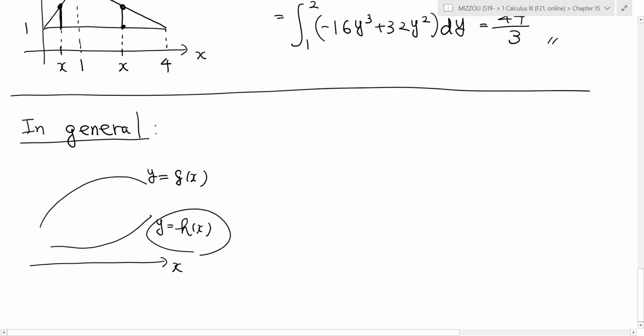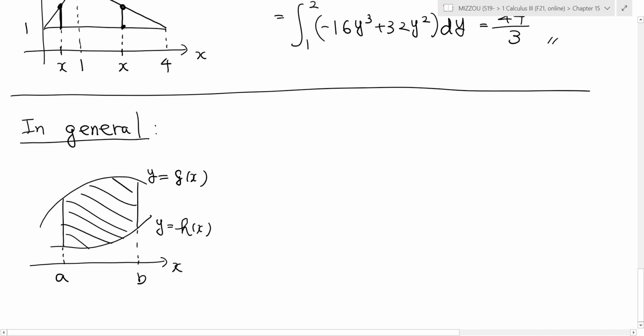Namely, both of them are solved for y. Your region is between a and b for x. In this case, it is better to fix x first. For each fixed x, your y is from h of x to g of x.